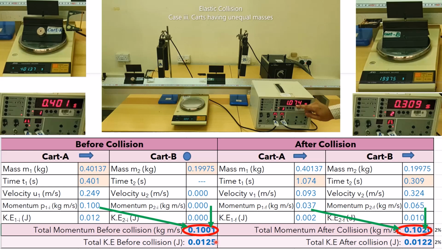So there is a small percentage of variation, that is 2% in the momentum, whereas the sum of the kinetic energy before the collision is 0.0125, and after the collision is 0.0122. Again there is a small acceptable variation in the kinetic energy.